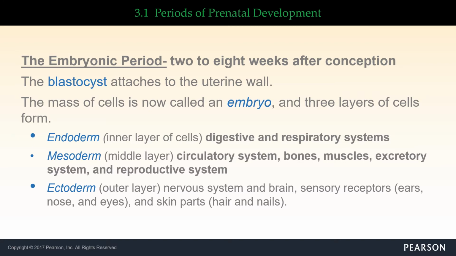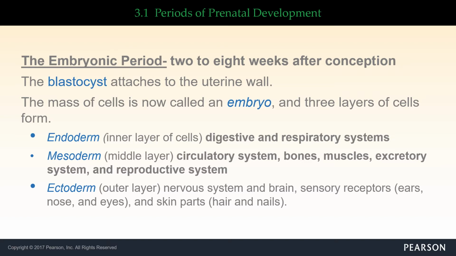and there are 3 layers to the embryo in the beginning. There's the endoderm, which is the inner layer of cells, and this later becomes the digestive and respiratory systems. There's the mesoderm, and you can remember that because it's the middle layer because middle and mesoderm start with M. This becomes the circulatory system, bones, muscles, excretory system, and the reproductive system.